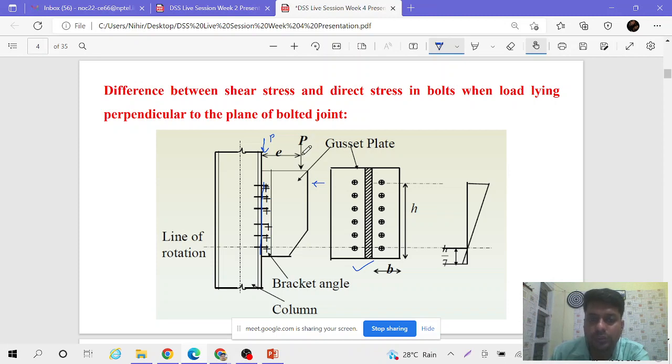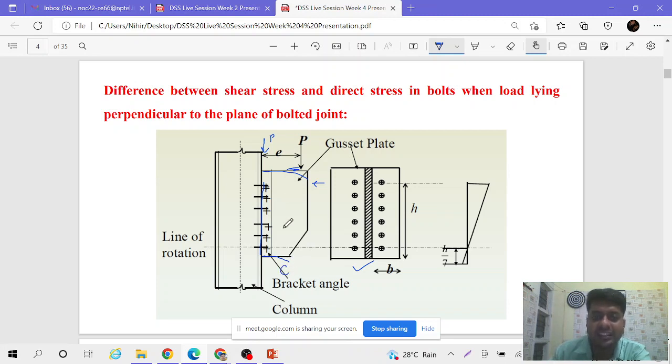Now, when this P load is acting at an eccentricity of e, what will be the tendency of this bracket? This bracket will try to bend like this. When it tries to bend, in the upper fiber, at this portion, tension will generate, and in the lower fiber compression will generate.